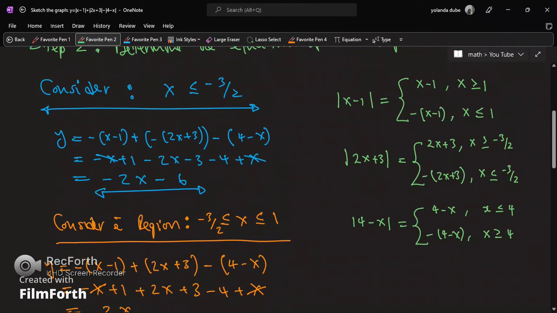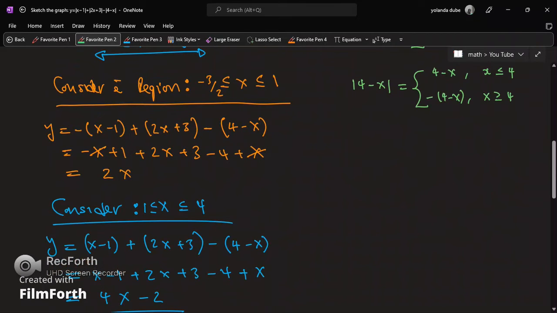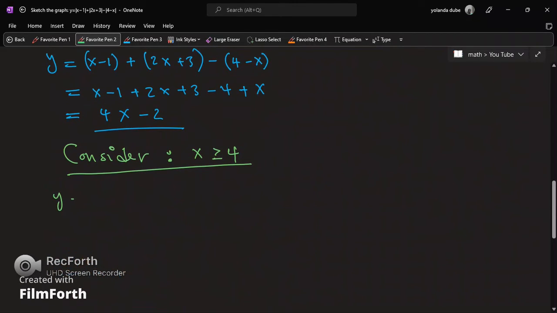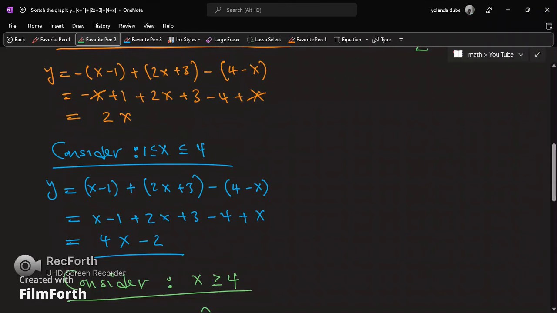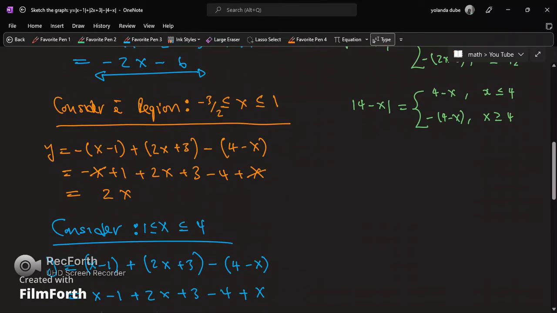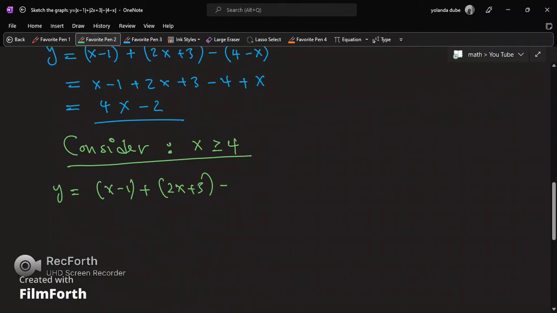So the first one is positive x minus 1. The second one is positive 2x plus 3. And for x greater than 4, the other one is negative. So this will neutralize the negative sitting there, and we get 4 minus x. So we simplify, we have x minus 1 plus 2x plus 3 plus 4 minus x.